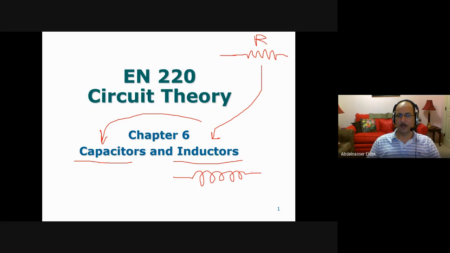And the capacitor is two parallel plates. This is how it looks. This is the symbol of the capacitor. The inductor is L, like R for the resistor, and the capacitor is C. We know that the resistance is in ohm.